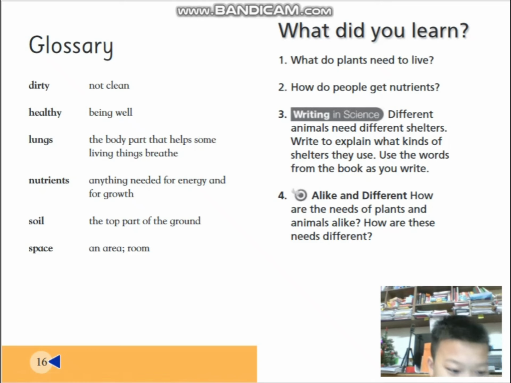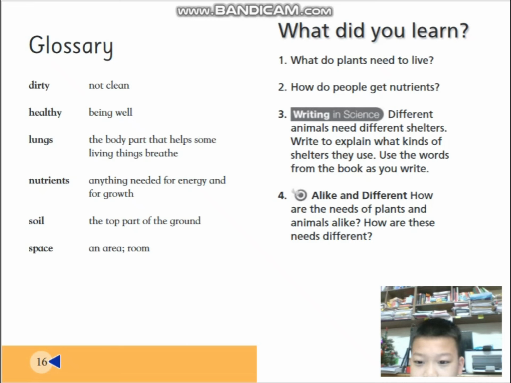The page 7 says many birds live in nests, and beavers live in dens, while bees and wasps live in hives.